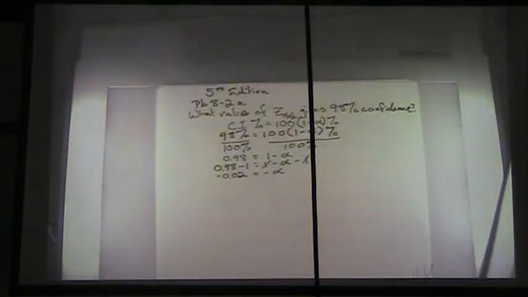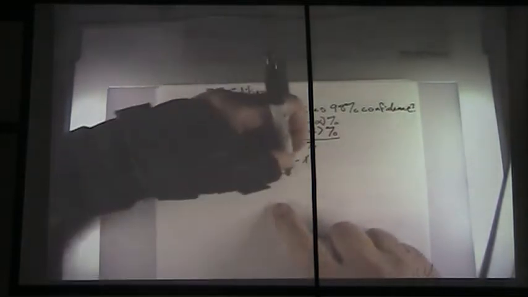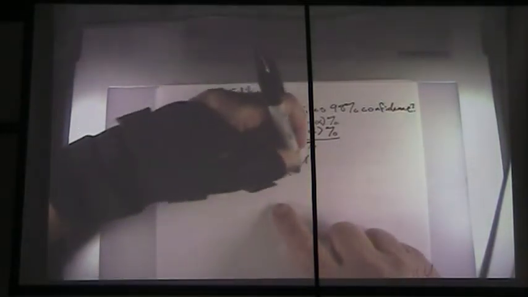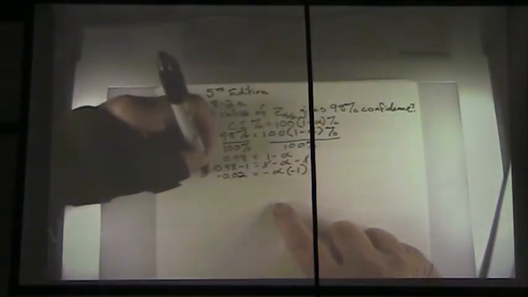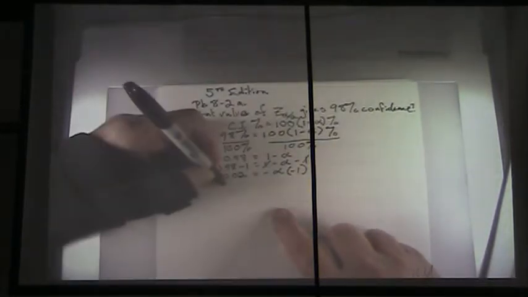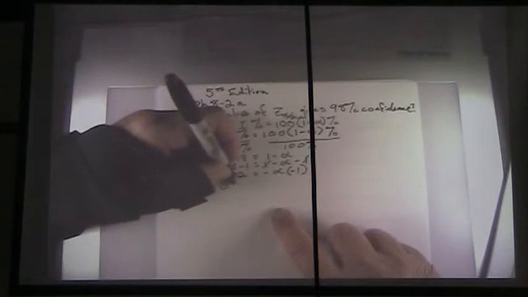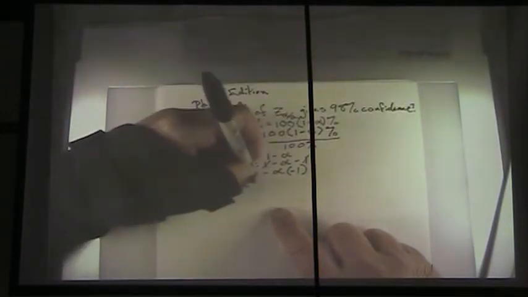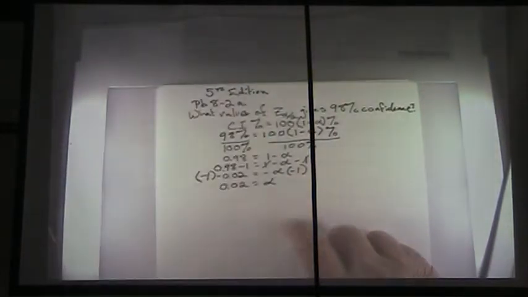Now, I don't want a negative alpha, so I multiply both sides by -1. That brings it down to 0.02 equals alpha. However, I want Z alpha divided by 2.